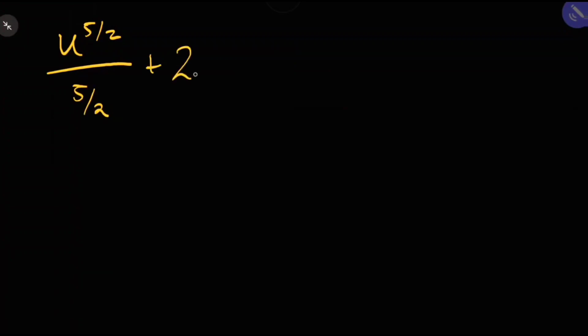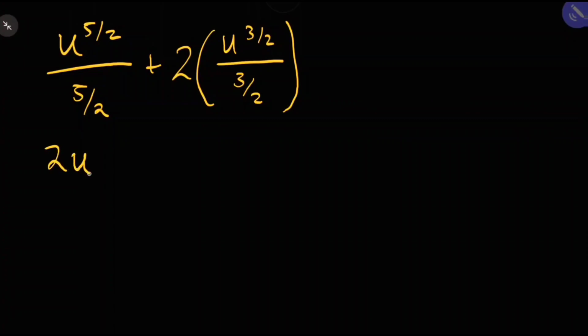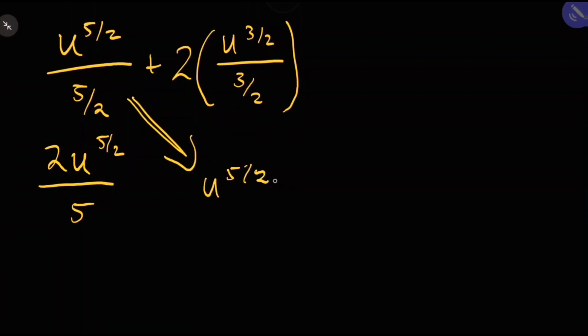So we have u to the 5 over 2 all over 5 over 2, plus 3 over 2 all over 3 over 2. So we're just going to divide out. This would be 2 u to the 5 over 2 over 5. This was gotten if you say u raised to the power 5 over 2 divided by 5 over 2.